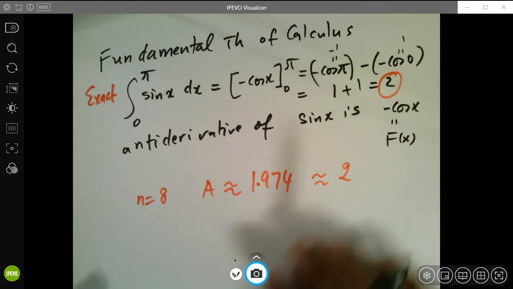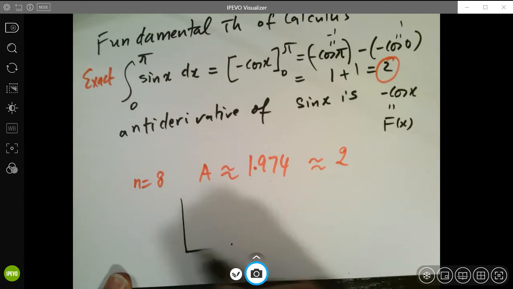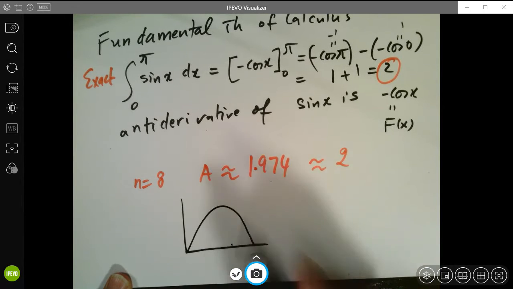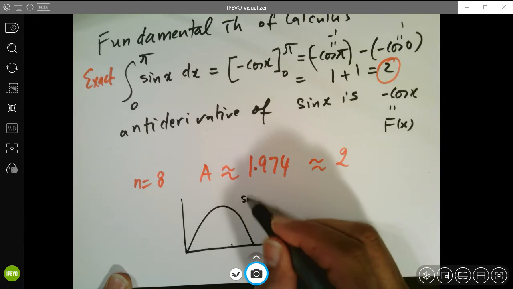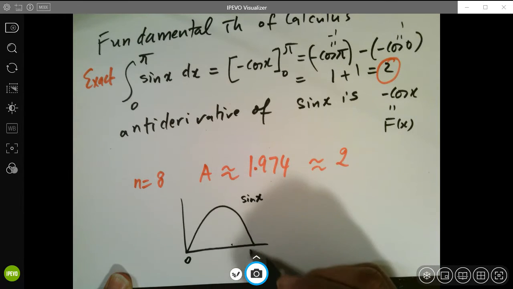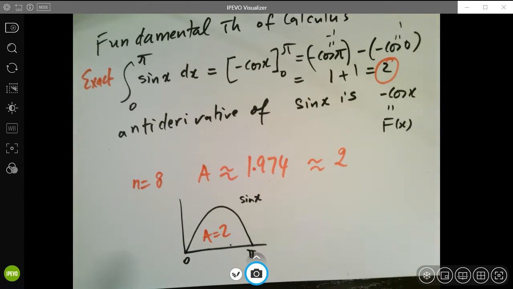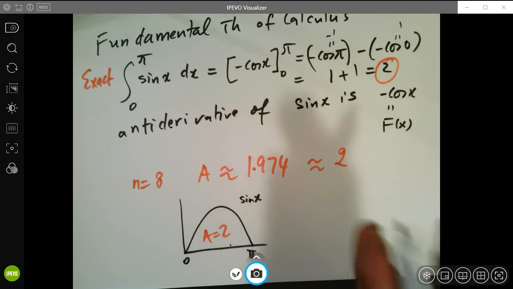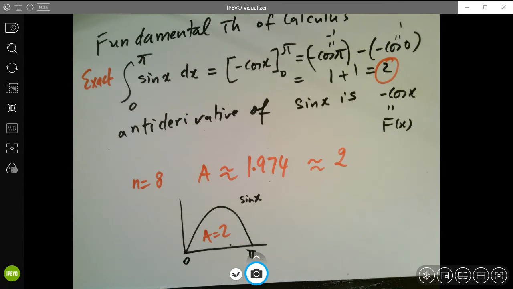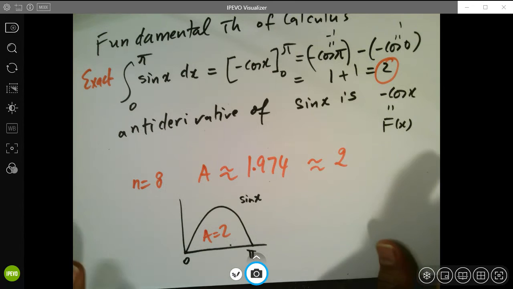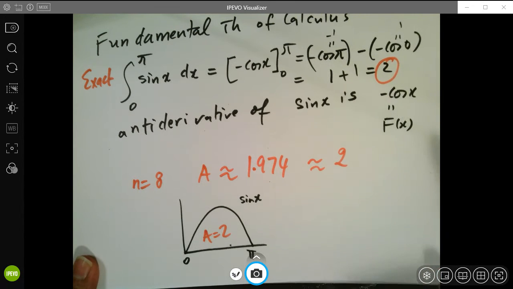So in reality, if you take sine x from 0 to pi, the area here is 2. But if you use the trapezoid method, it will be very close to 2. Yeah, okay. So this one is fairly easy, and they call it linear approximation.